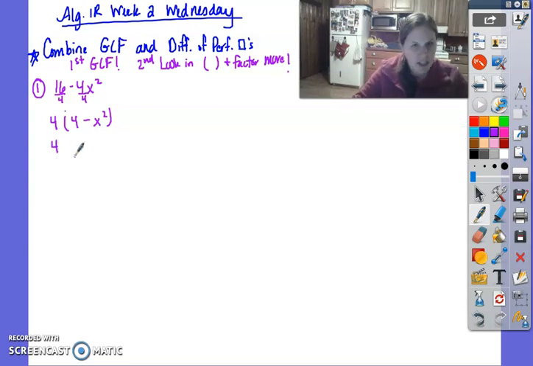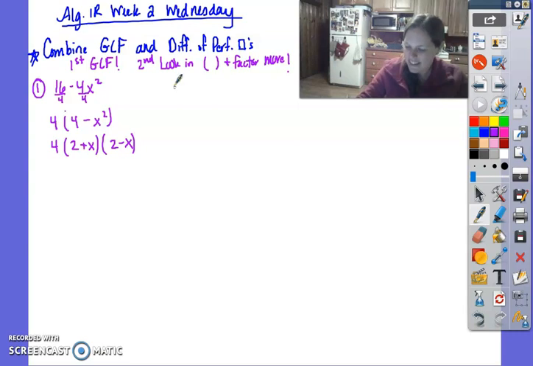So keep your GCF, don't lose her, and break down 4 minus x squared into the 2 sets of parentheses. What is the square root of 4? What is the square root of x squared? And then what signs go in the middle when I need them to multiply to give me a negative? 1 positive, 1 negative. And you know I like to put the positive first just because we're in a positive mood here in math land in the Howard kitchen.